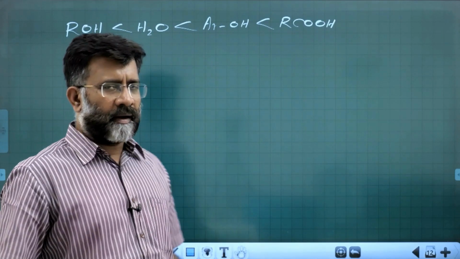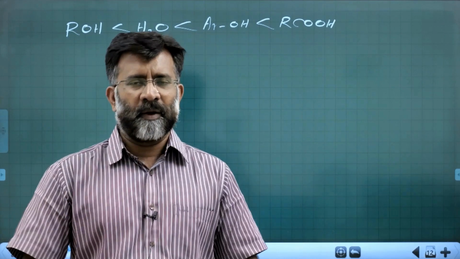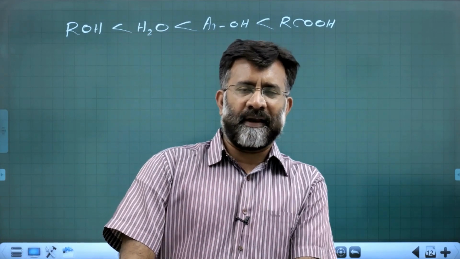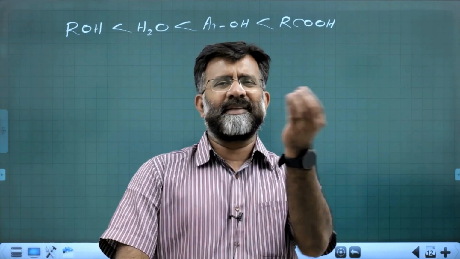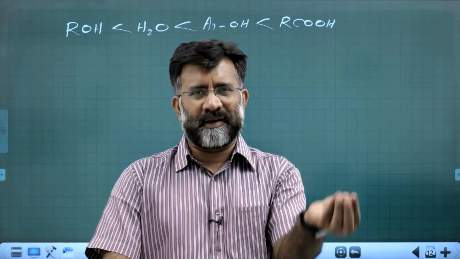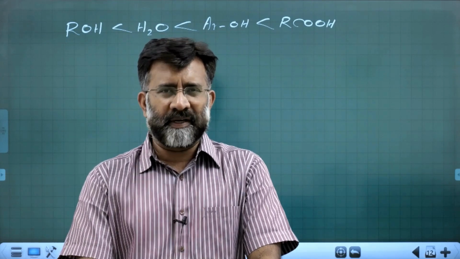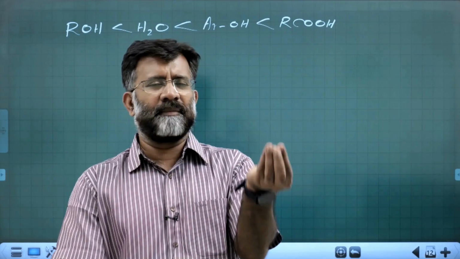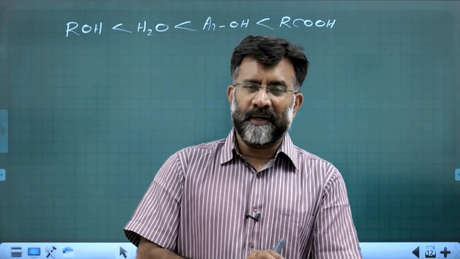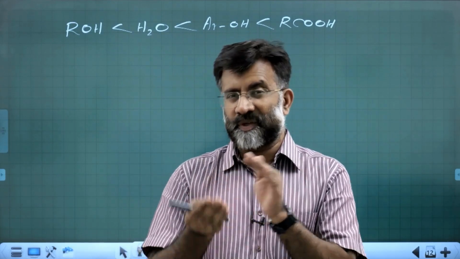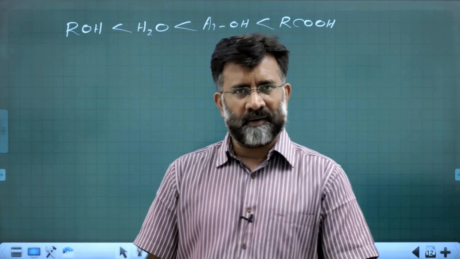This will be the average order of acidic strength. The nature of methanol may be somewhat abnormal, which many of you know. In some reactions, methanol shows slightly greater acidic character compared to normal alcohol, and sometimes it may exceed that of water also.